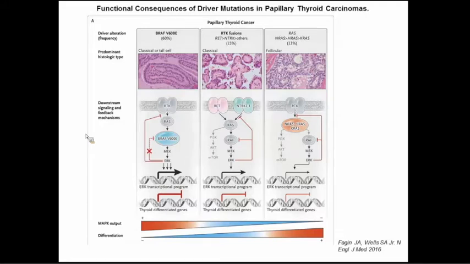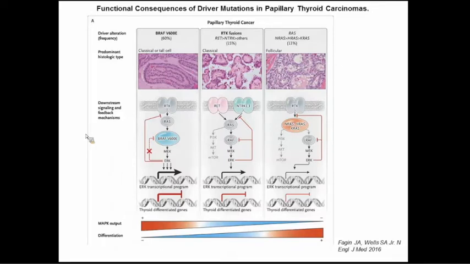And because it does this, it is unresponsive to negative feedback loops that dampen the overall activity of the pathway, because this negative feedback primarily disrupts RAF dimerization. That's the way this pathway would normally attenuate the overall signaling output. So because of that, the overall output of the MAP kinase pathway is highest in the BRAF V600E mutant tumors.